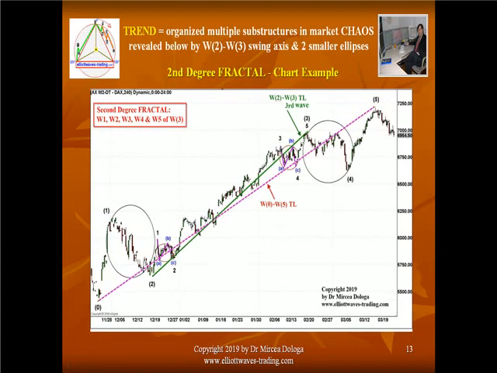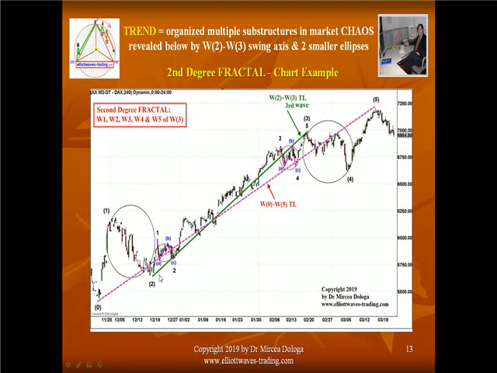The second degree fractal, let's take this example. Whatever the fractal we do within a trend or within a swing or a sub-swing, we always look at the slant trend line. As we just talked about the first one, which is the beginning of the trend and the end of the trend, then we take a lower degree, which is the trend line of wave W3 parentheses.